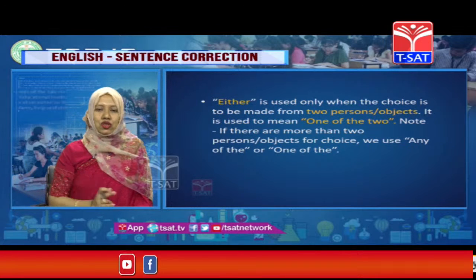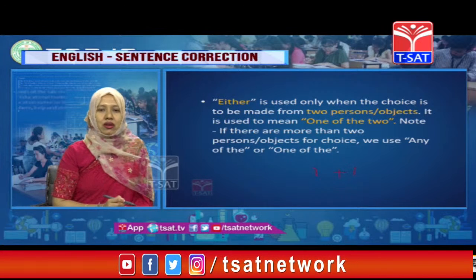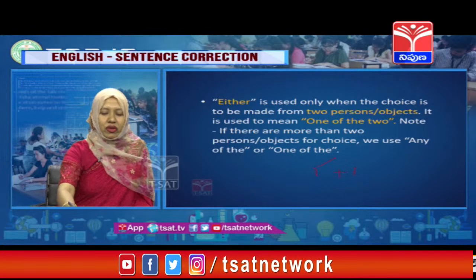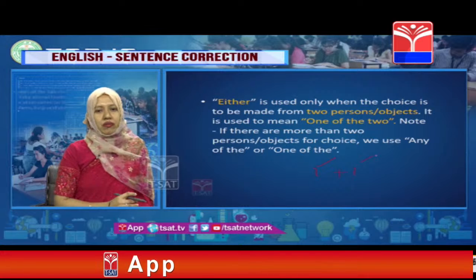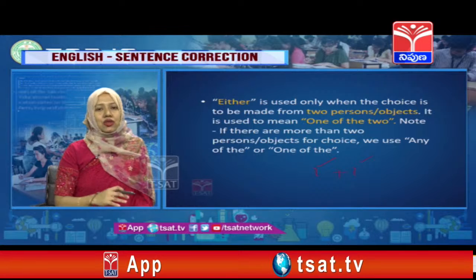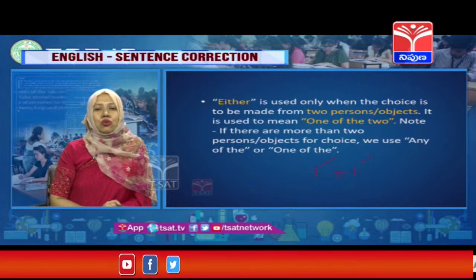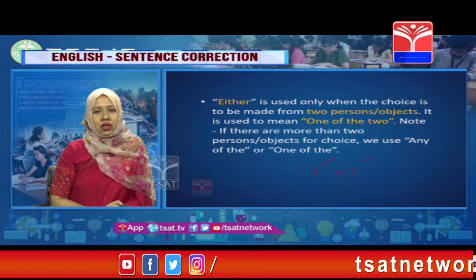You have to make one choice. Out of two, you have to select one. Then you will say either of the pens is good. Either means any one. Either is used only when the choice is to be made between two things, so it is used to mean one of the two.